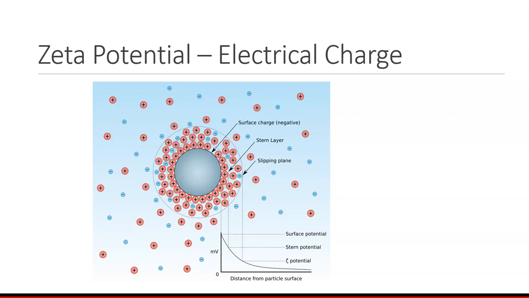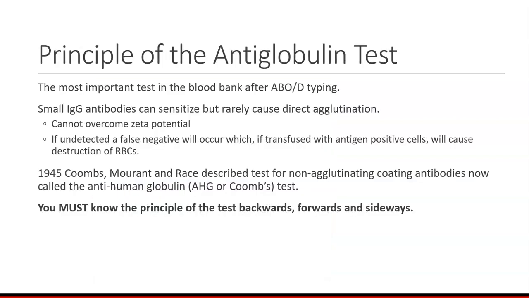We're now going to discuss the principle of the antiglobulin test. This is the most important test in the blood bank after ABO typing. Small IgG antibodies can sensitize but rarely cause direct agglutination. They cannot overcome the zeta potential.